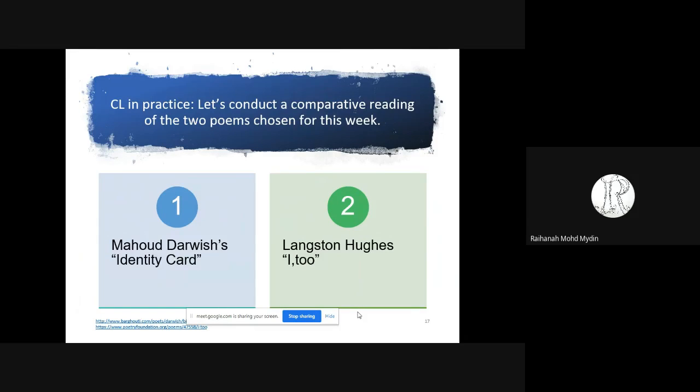Okay, so let's take a pause. Last week, we looked at Langston Hughes' I, Too. Langston Hughes, an African-American poet in the 1930s, 40s America, right? I like what Salim said at the beginning when I asked you all how you approach literature and to reflect on the quotation that I gave.